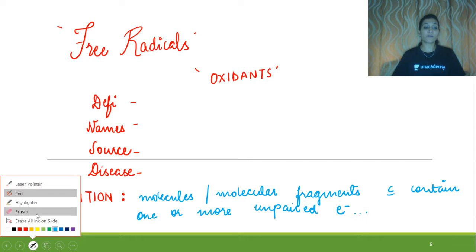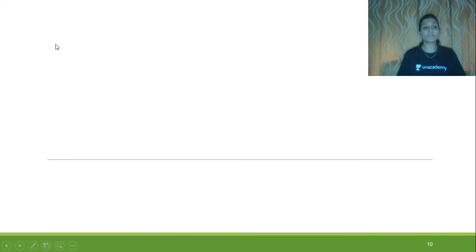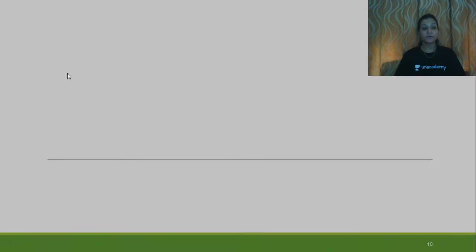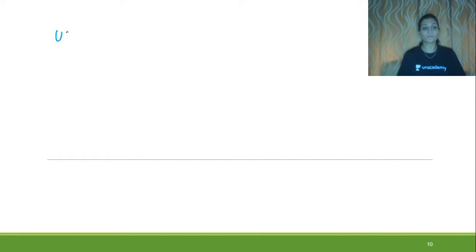And what about this unpaired electron? What is so great about this unpaired electron? Because of this unpaired electron, they are highly reactive.